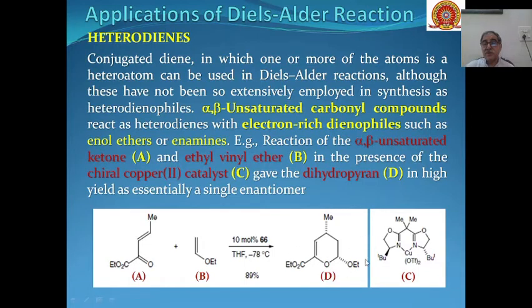A single enantiomer is formed in this case. So the alpha, beta-unsaturated ketone and ethyl vinyl ether in the presence of this chiral copper catalyst give us dihydropyrans in high yield as a single isomer. The reaction takes place at minus 78 degrees centigrade.